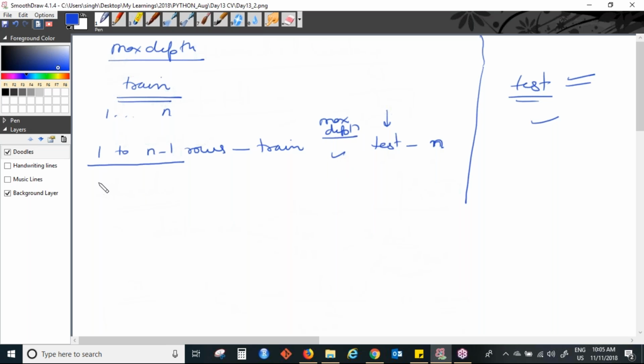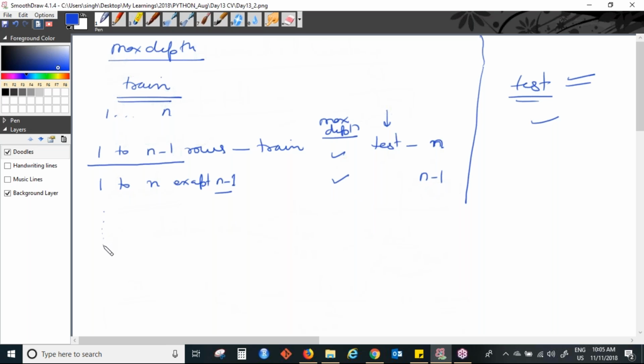Now I will go from 1 to n except n minus 1. That n minus 1th row will be my test data, and once again I will find my max depth.